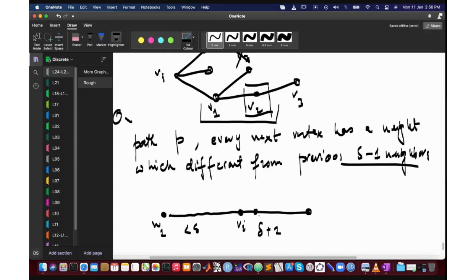Which means we can continue this thread for at least delta plus 1 vertices. And you were absolutely right that this can't continue infinitely, because there are not infinite vertices, which means that at some point I'll have to come back. But I have to come back to a vertex which is different from these middle delta minus 1 vertices.